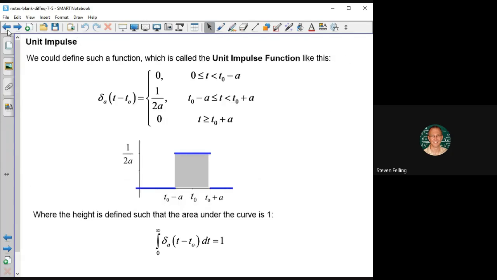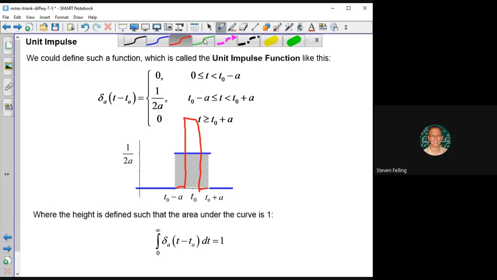So effectively, what would happen if I were to allow this function to be narrower? If I reduce a, then this height has to be larger to compensate, right? If I made it really, really small, there would be a really tiny width with an almost infinite height, but the area under that curve would still be 1. As you bring the width in, the height has to grow to keep the area under the curve at 1.